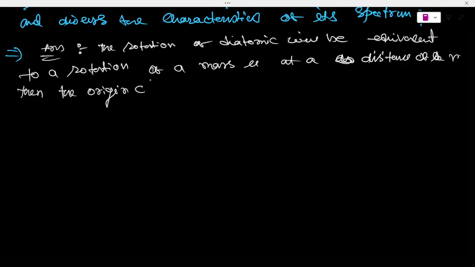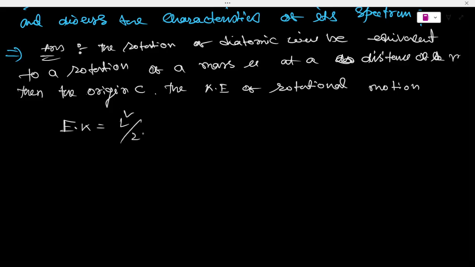The kinetic energy of rotational motion will be L square divided by 2I, where L denotes the angular momentum.